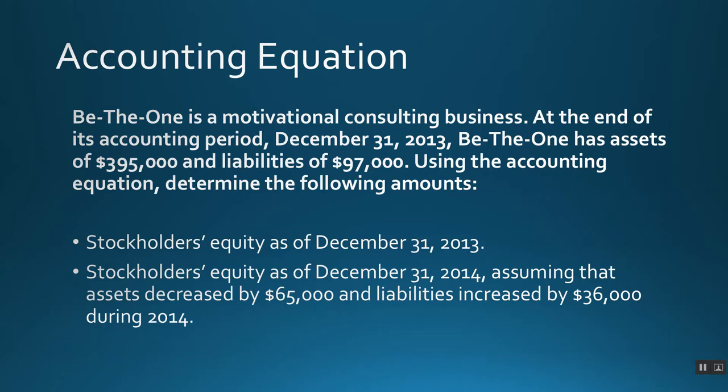What is the equity or stockholders' equity? And let's say the stockholders' equity, assuming that assets were decreased by $65,000 and liabilities increased by $36,000, what would the stockholders' equity be then?